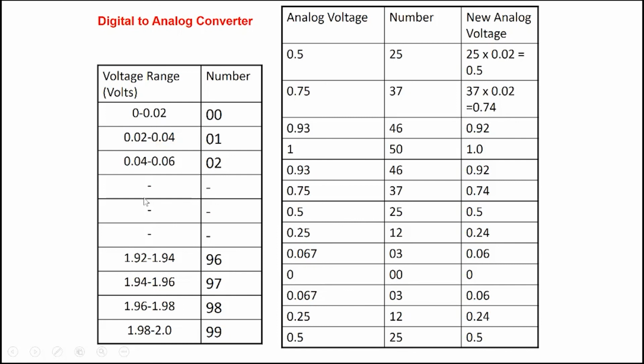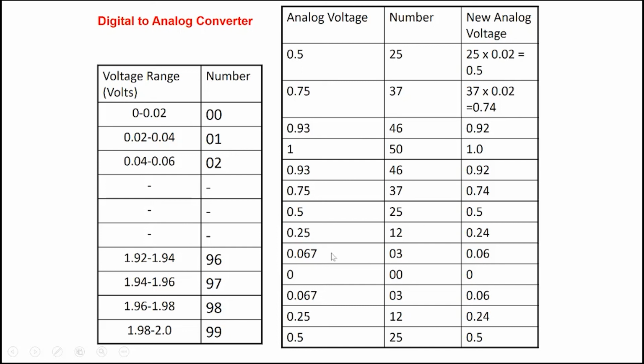When we had a 0.5 analog voltage, we assigned it a digital number 25. Now to convert this digital number back to analog, you multiply by the interval 0.02, and you get 0.5. In this case, it's perfect. For 0.75, the digital number is 37, and multiplying by 0.02 gives 0.74. There is an error in the second decimal place. For 0.93, we get 0.92.